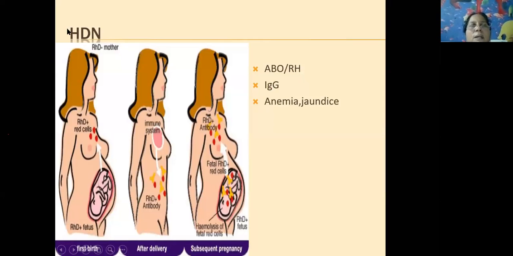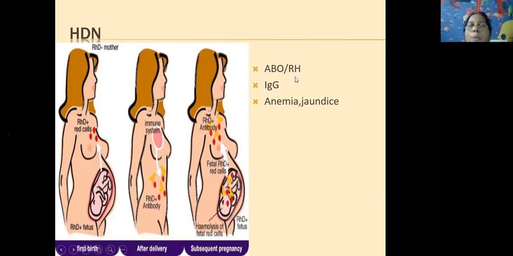So later comes the hemolytic disease of the newborn. Maybe you may be knowing, it can occur against AB antigen or Rh antigen. This is the antibody A when the mother is O and the child is either A or B. When the child is A blood group, there is more chance because A antigen is more potent.